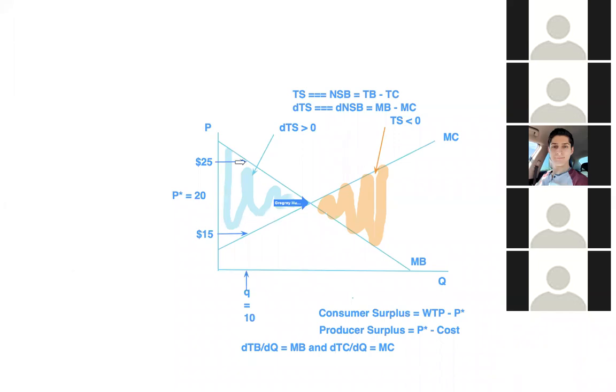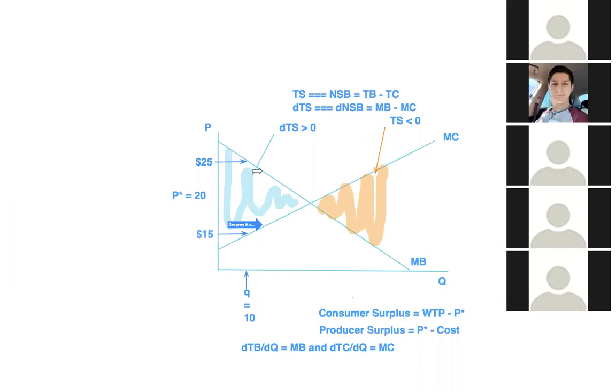Well, we said that the gains from trade for this 10th unit were this whole distance between 25 and 15, right, James? Right. So at the next level of production, like Q equals 11, the gains from trade would be bigger or smaller? Smaller, right?